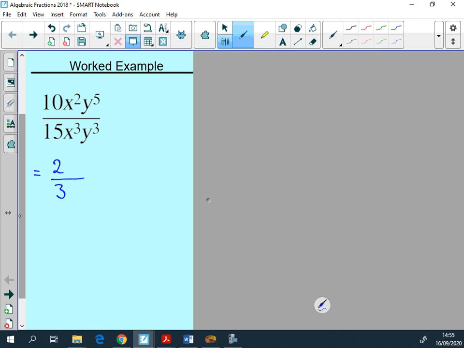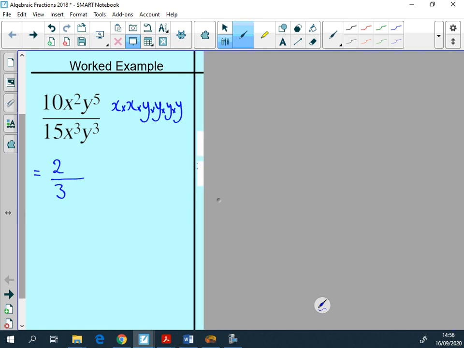Now, for the variables, that's the letters, we essentially need to cancel out. What's actually going on here is the x squared, y to the 5. Well, x squared is x times x, and y to the 5 is y multiplying itself 5 times. So that's what's going on in the top row, without the 10.